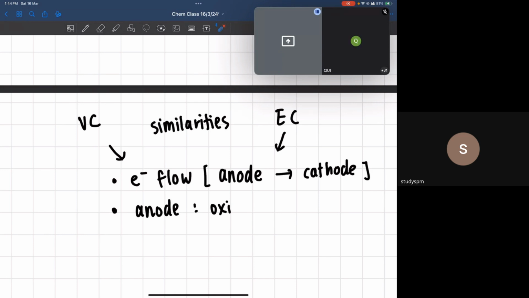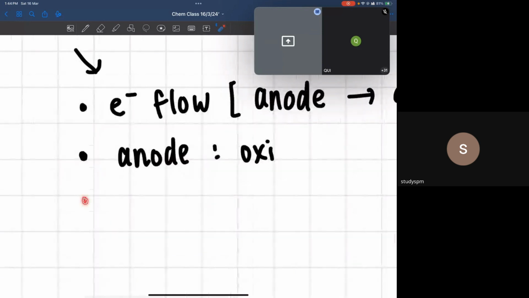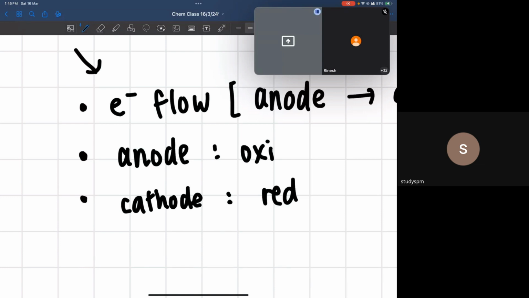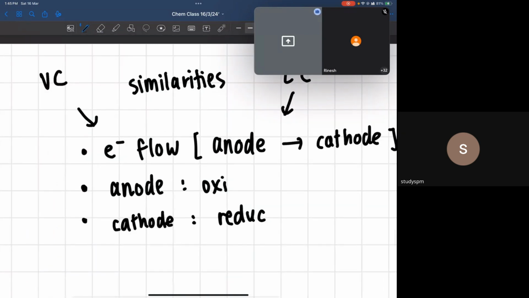So I just tell myself that anode is oxidation, oxidation is donating electrons. Easier. So anode oxidation, cathode reduction. I like to put it like this, short, because you don't want to write so fully when you self-study, right? It's just time consuming, okay?